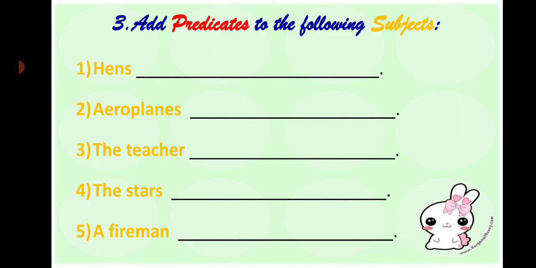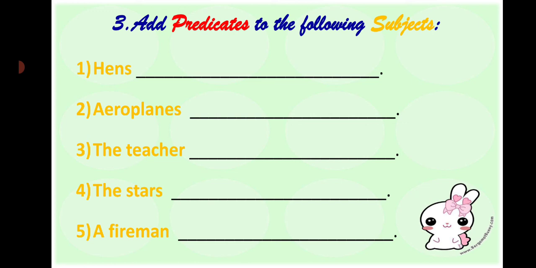Add a predicate to the following subjects. Hens lay eggs. Aeroplanes fly up in the sky. The teacher is teaching English. The stars shine up in the sky, or the stars shine during the night.